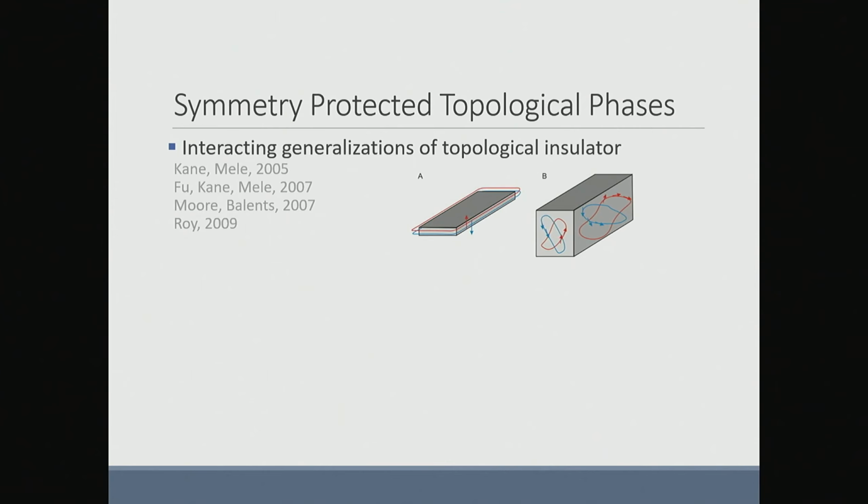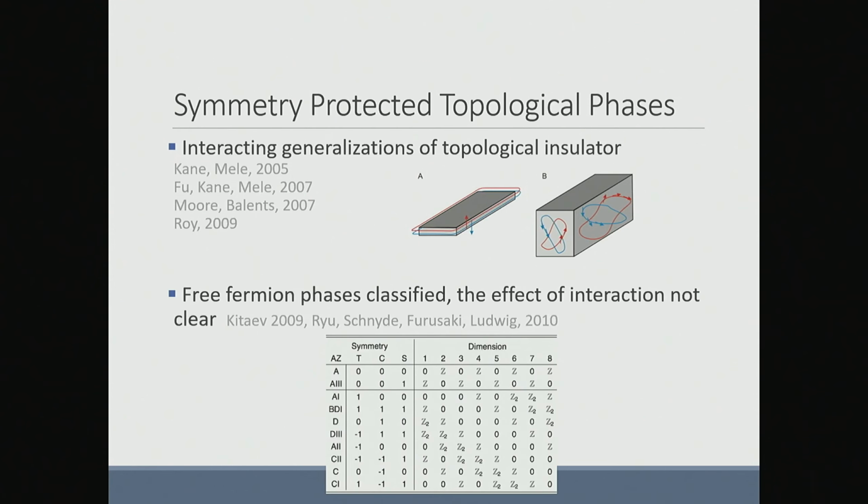And the very big question back then was the interacting generalization of topological insulators, because topological insulators were discovered in free fermion systems. And even better, there was a full classification of what can happen with free fermion systems if you have topological band structures. So this part is very well understood. But what people wanted to understand is what if the system is also strongly interacting?